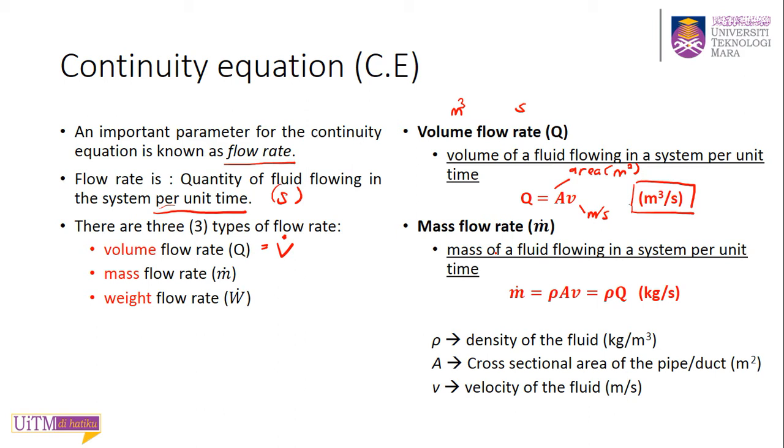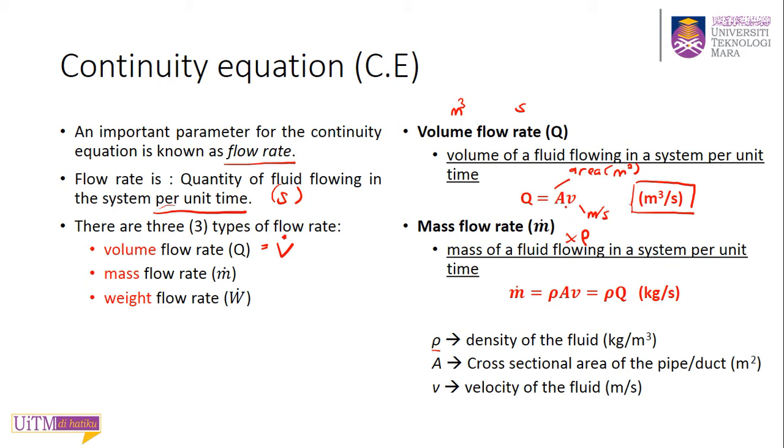And how do you find your mass per unit time? It is this equation. m dot is equal to rho, the density of the fluid, times A, the cross-sectional area of the pipe or duct, times V, the velocity of the fluid flow. If you realize, the only difference from volume to mass is that you multiply with your density.